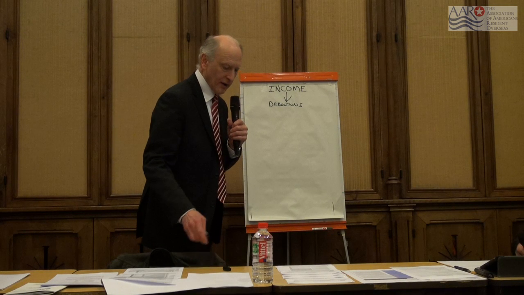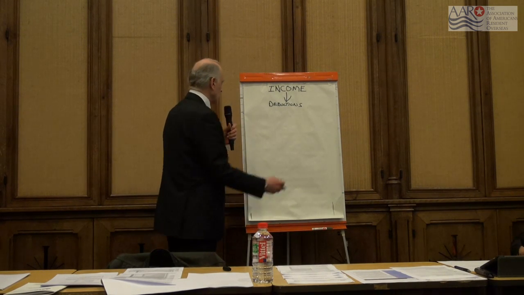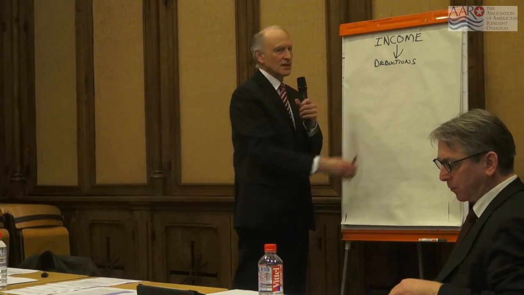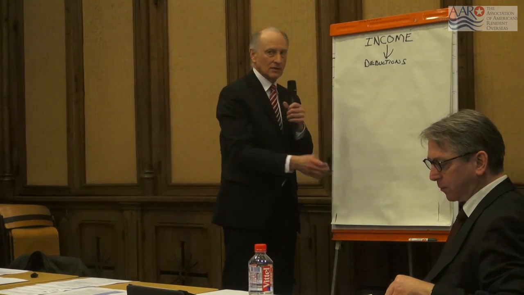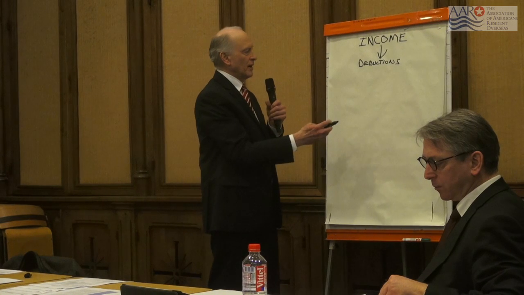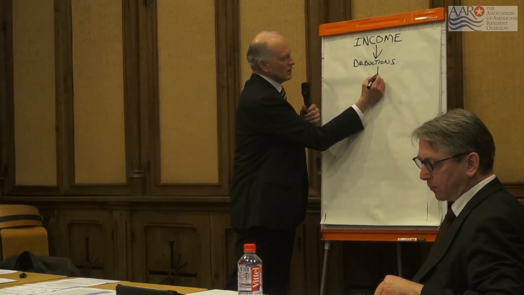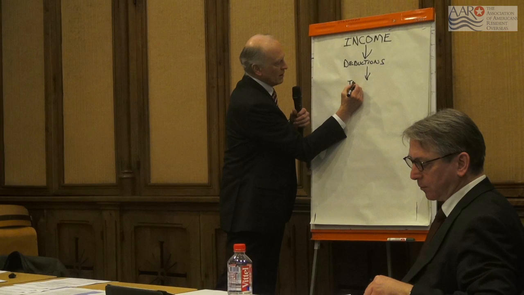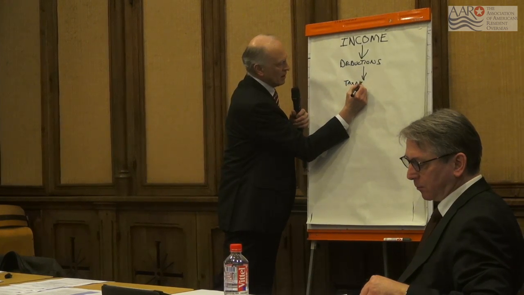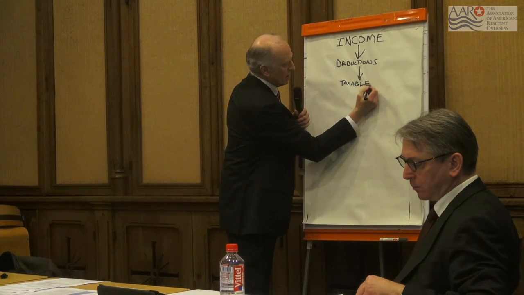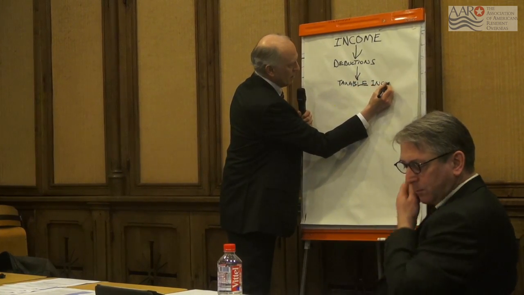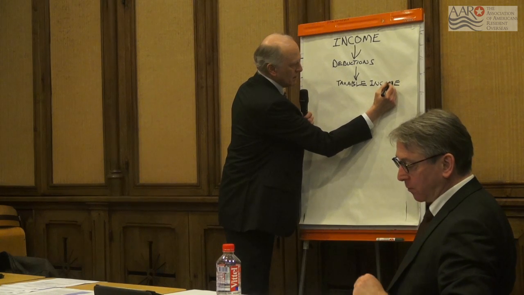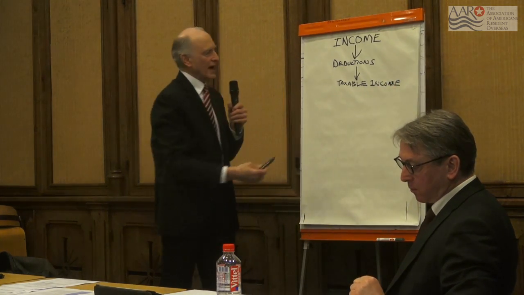So anyway, in an income tax system, they're going to define income, and they're going to define what you can take as a deduction. And if it doesn't say you can take it, generally you can't. And so after you take the deductions, you arrive at taxable income. That's the income on which tax is calculated.